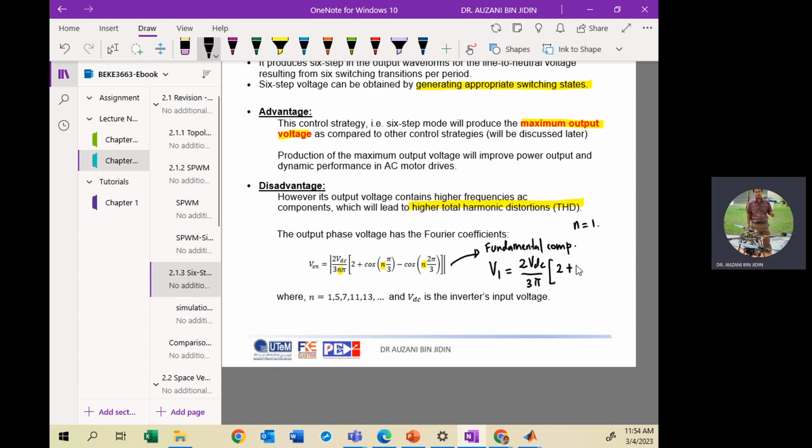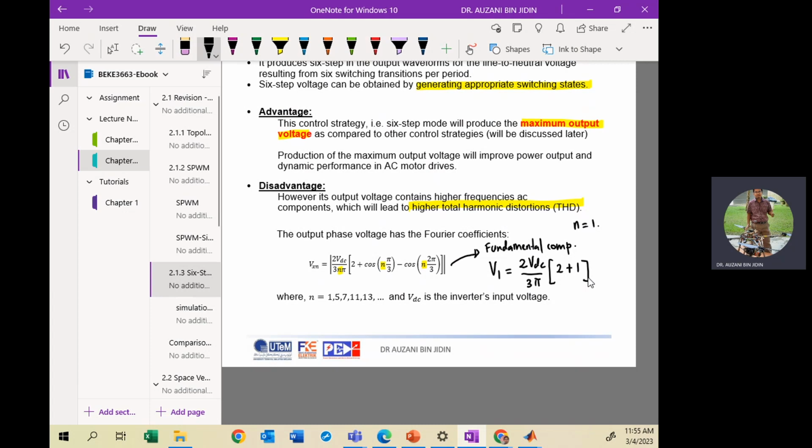Then what do you get? For the bracket term, you get 3. You can verify using a calculator. Cos pi over 3, what? 180 divided by 3, cos 60 degrees.